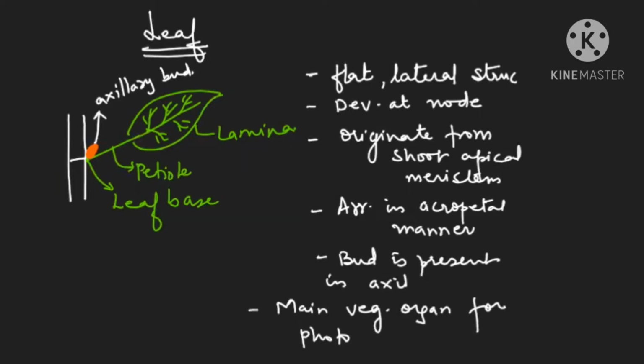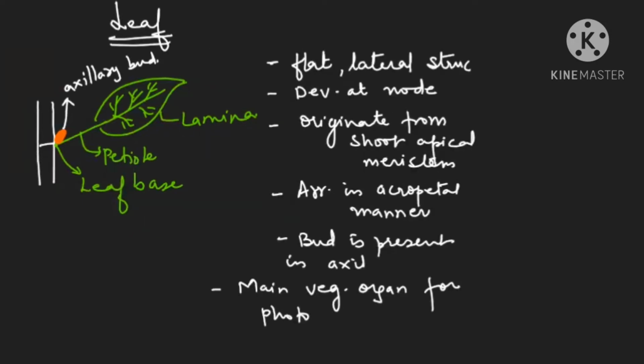Animals will have organ system. So plants are having organ which is of two types, vegetative and reproductive organ. Vegetative organ includes root, stem, leaf, and reproductive organ includes flower. So leaf is the main vegetative organ for photosynthesis. Is it clear?